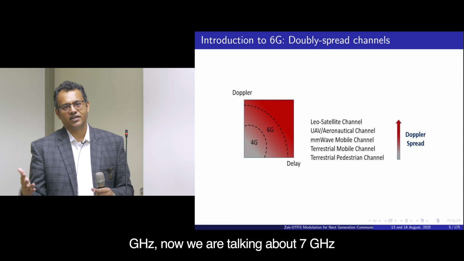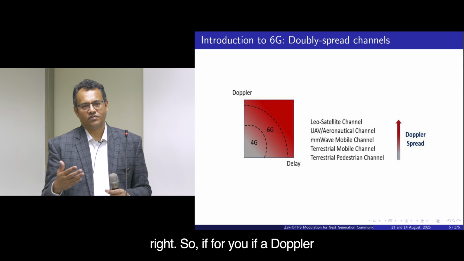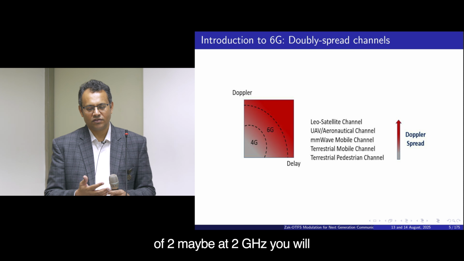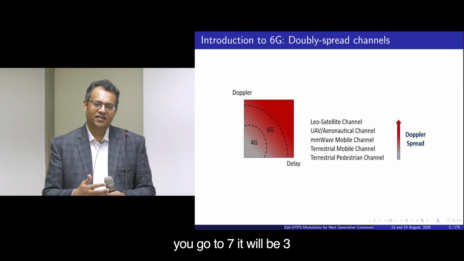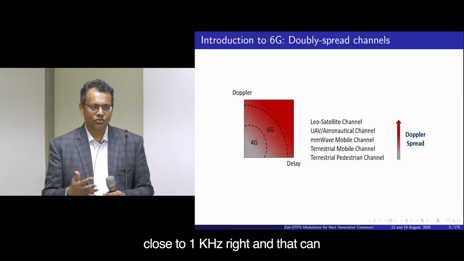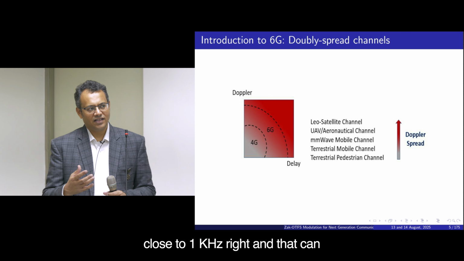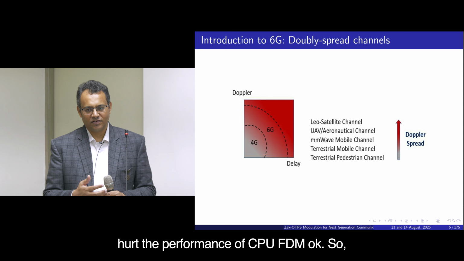Now we are talking about 7 gigahertz, right? So if at 2 gigahertz you will experience 200, 300 hertz of Doppler, when you go to 7, it will be 3.5 times more, close to 1 kilohertz, right? And that can hurt the performance of CP-OFDM.